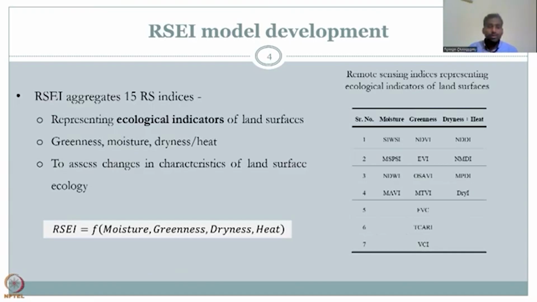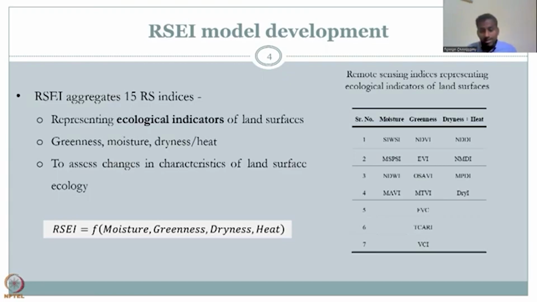A literature review was done to analyze how many sensitive parts there are for this model, and it was found that there are at most 15 remote sensing indices, and that the RSEI is a function of moisture, greenness, dryness and heat. This was found by a previous paper.